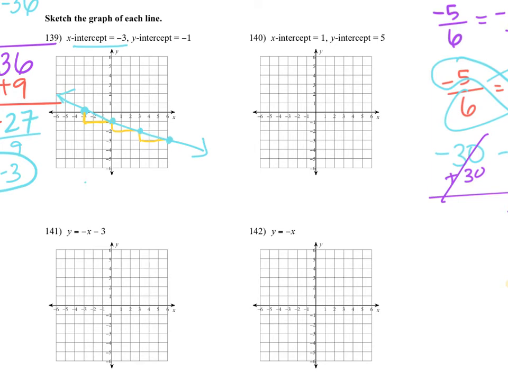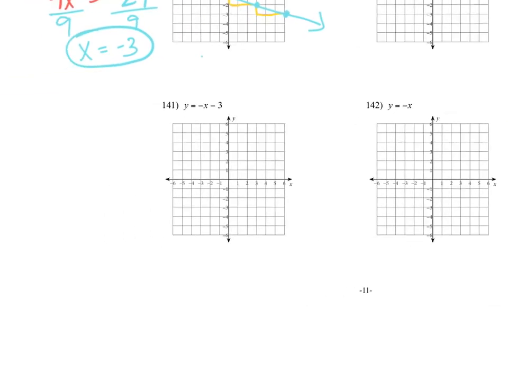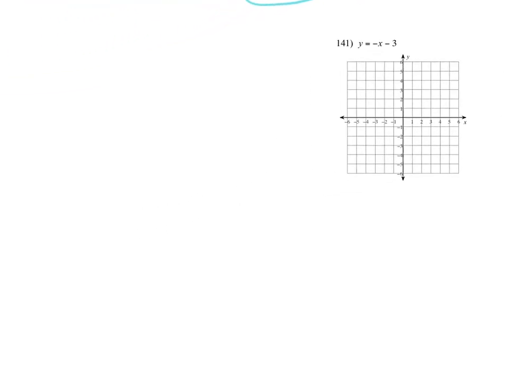Okay. When you don't have the x-intercept or the y-intercept, I'm going to put some rules on this. So the easiest thing is number 1, to start with the y-intercept.